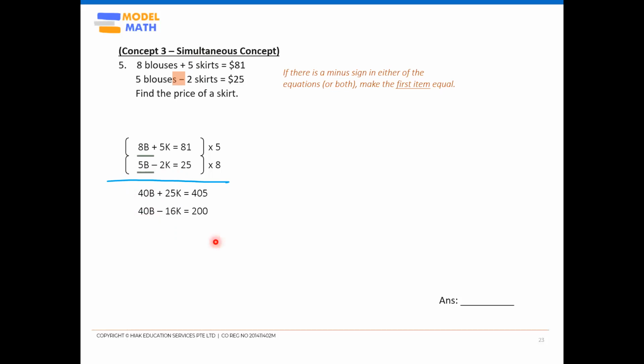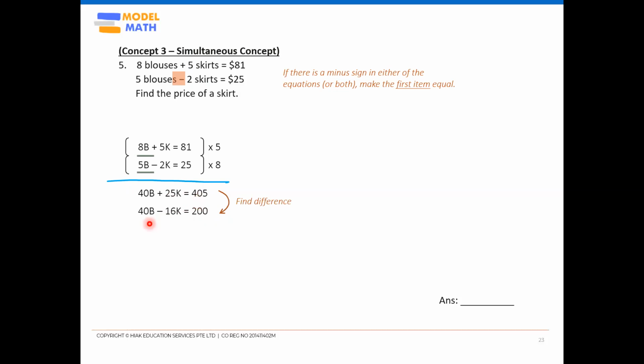Now, the next thing is, looking at these two equations, I have 40B, 40B, right? Now, when I make the 40B, 40B, my target is to get rid of the blouse. So to get rid of the blouse means I have to find the difference between both equations. But of course, finding the difference also has an impact on the skirts and the values on the right-hand side, definitely.